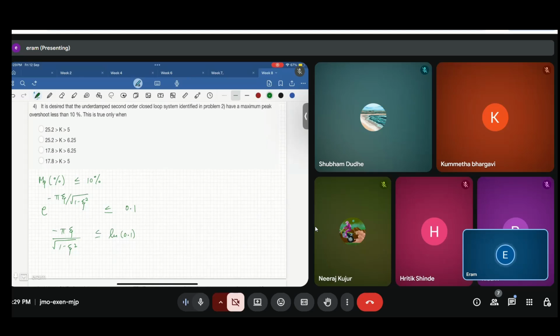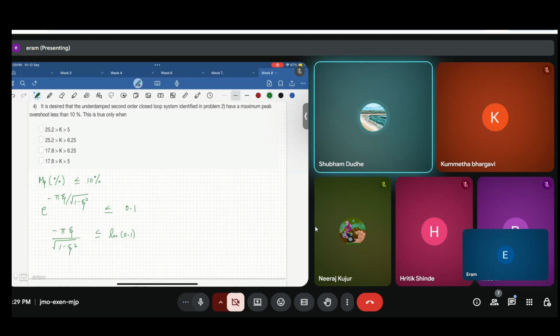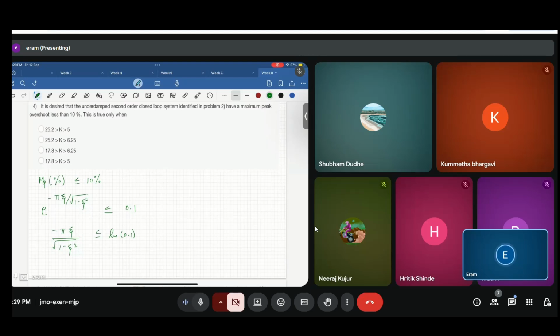And what is ln of 0.1? Minus 2.3025. Okay, so this is equal to minus 2.302. Put the value of pi and solve for zeta. If you cancel the negative sign, your inequality will reverse, so it should be greater than or equal to 2.302.